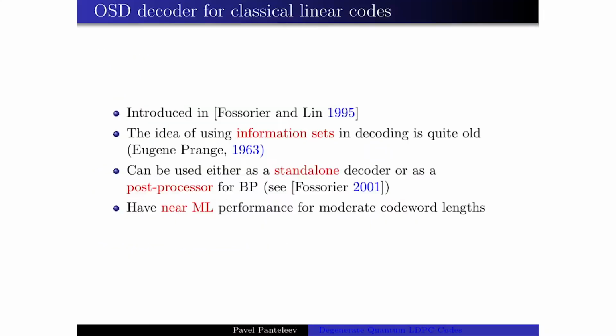So let's start from the decoder. In our work, we propose to use a BP decoder with a special post-processor called the OSD decoder. The main motivation for using it is as follows. When you run the BP decoder, the main problem is that it doesn't converge to any code word. If it converged to some code word, even a wrong one, it would be much better.